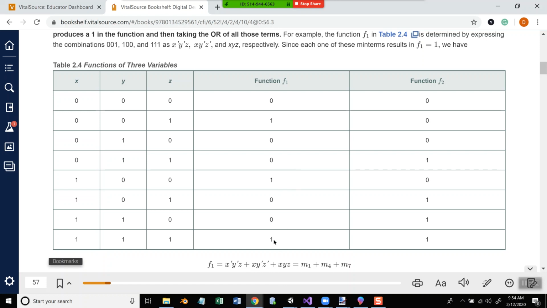And next one's a 1 here. These are all 1s, so I'd have x, y, z. And again, this m1 plus m4 plus m7 corresponds to these.